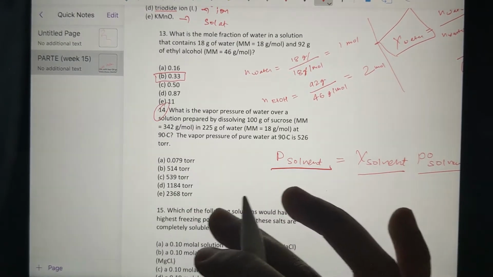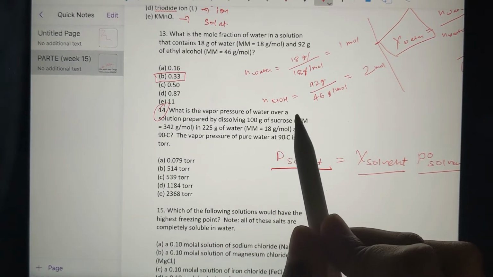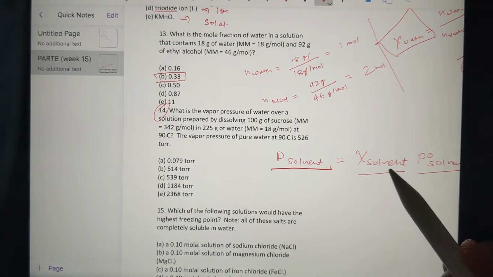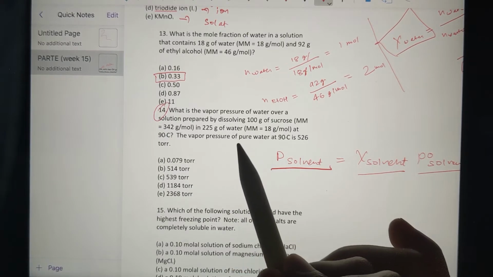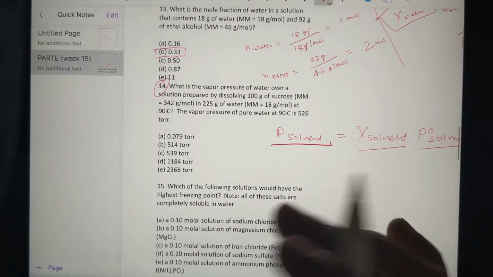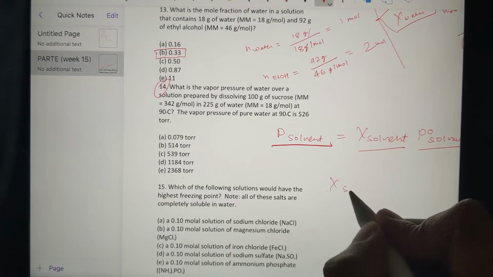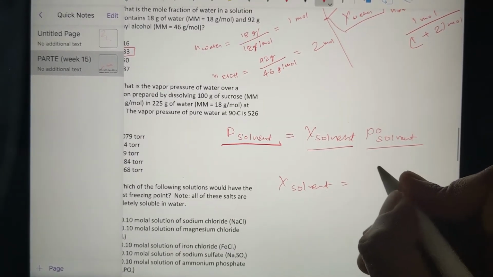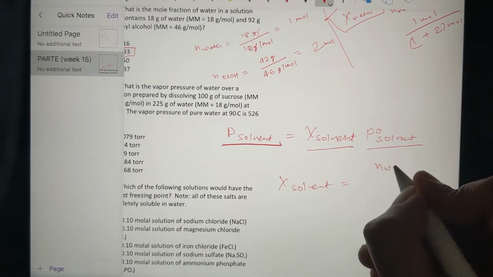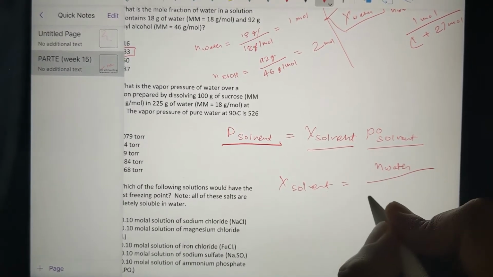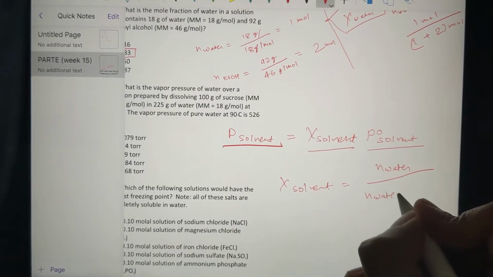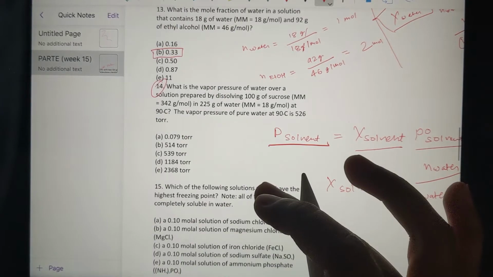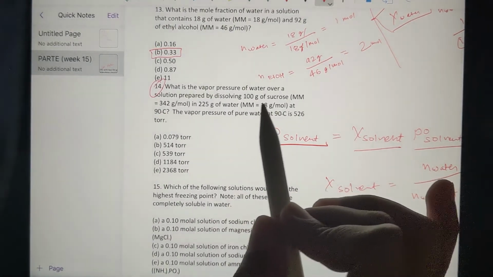Okay, so to calculate the vapor pressure of water in the solution, first we have to find out what is the mole fraction of the solvent, which in this case is water. Okay, so to do that, you have to find the number of moles of water divided by number of moles of water plus number of moles of, we have here, sucrose.